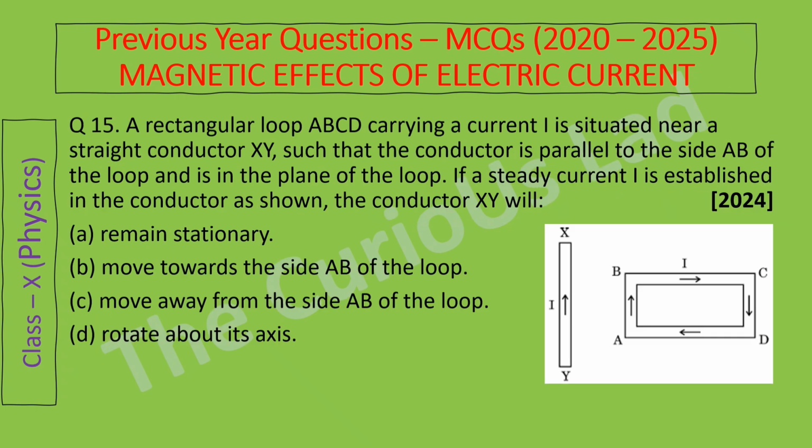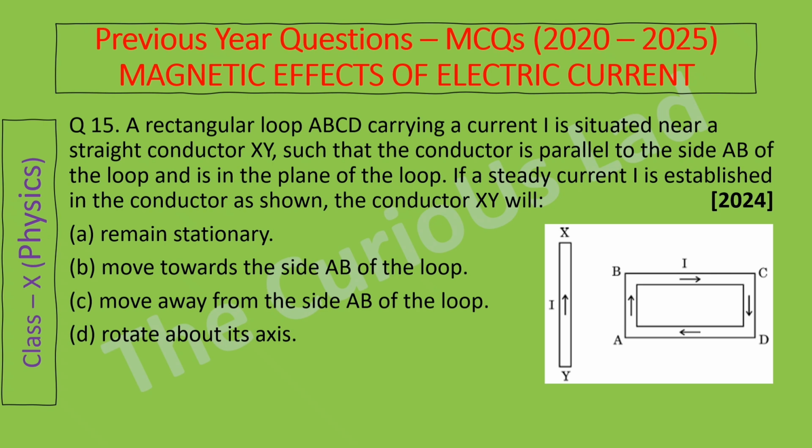Next question, 15th question. A rectangular loop ABCD carrying a current capital I is situated near a straight conductor XY such that the conductor is parallel to the side AB of the loop and is in the plane of the loop.